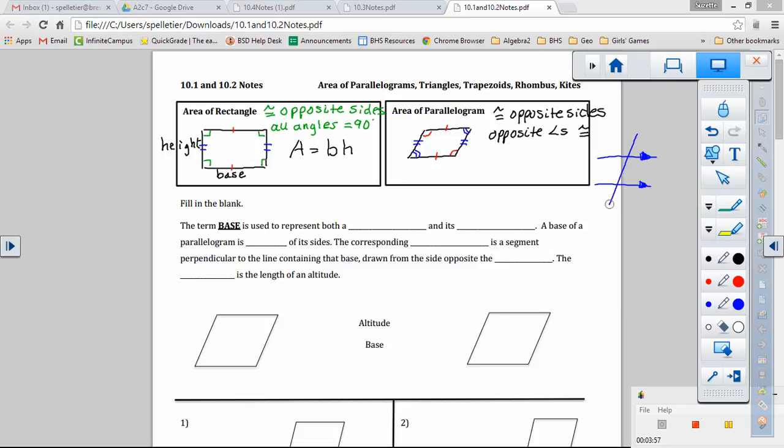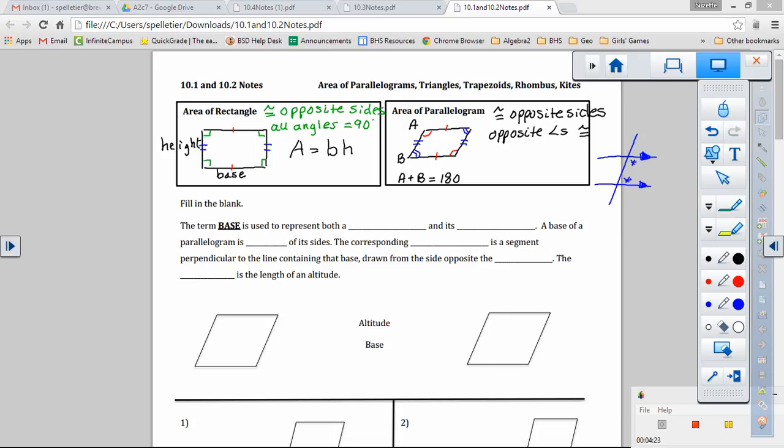And when you put a line through it, we call that a transversal. Then we know that these two angles in here add up to 180 degrees. So if I call this angle A and this angle B, then A plus B equals 180. Always.